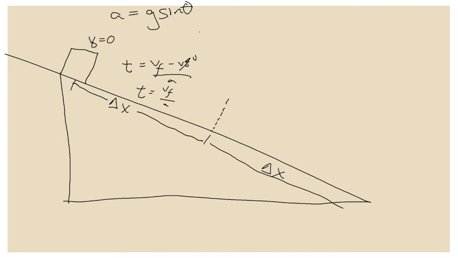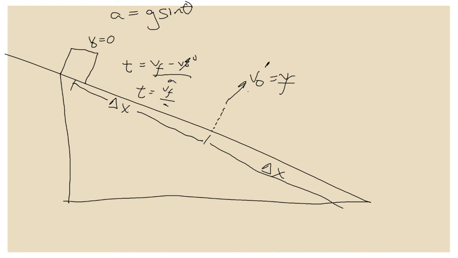However, the initial velocity for the second half, which I'm just going to call v naught prime, is going to be the final velocity from the first half of the trip. This object is already moving at a pretty good speed by the time it reaches this midway point.